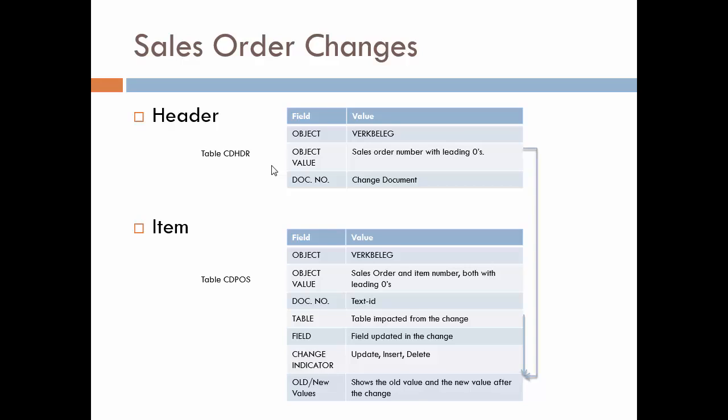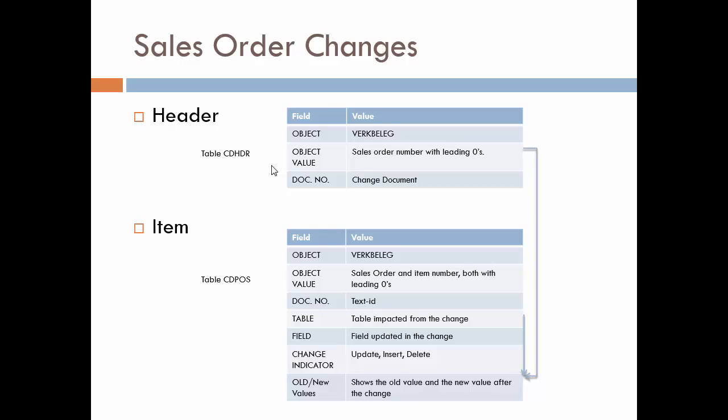And then the item table, CDPOS, is going to capture all the details of the change. So we might have a change that was made to a sales order, and within that single change, several things were updated. So the tables work together. Sometimes CDHDR is enough. Sometimes you want to pull in CDPOS.